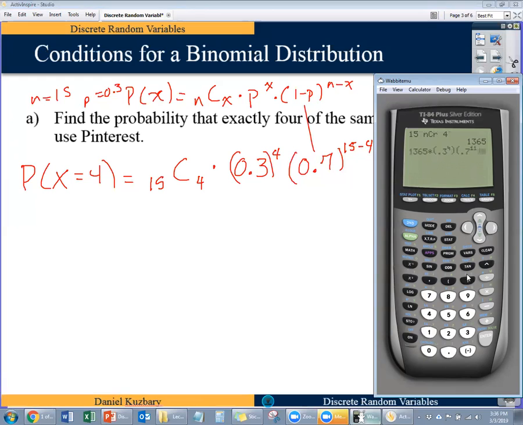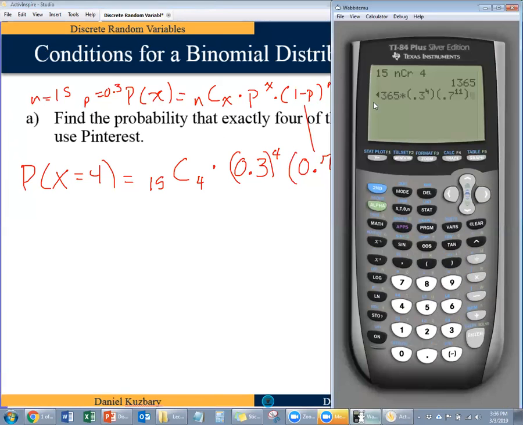And let me make this bigger so you can see what I'm doing. You can see in this formula, this 0.3 is the chance that we get a Pinterest user, and I'm finding the probability exactly 4 of them do. So out of 15, 30% of them should, which means that 70% will not be on Pinterest, and that would be the other 11 people.